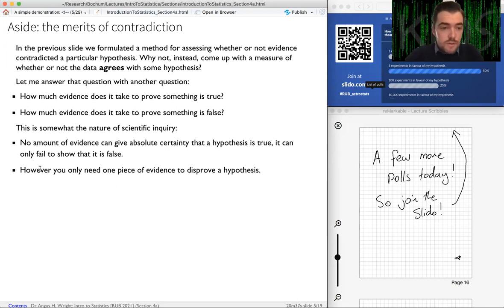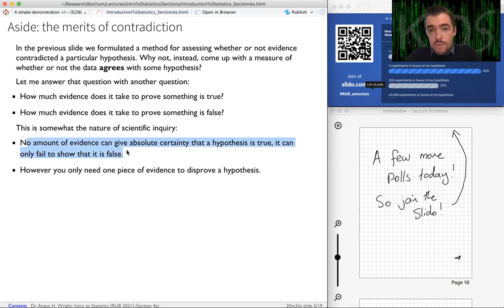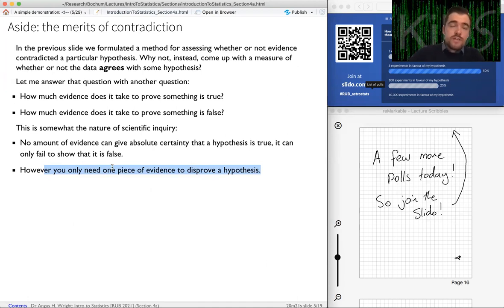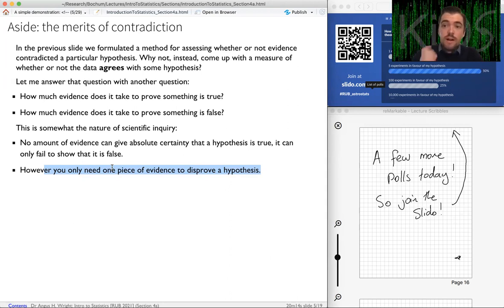Because if you need an infinite number of agreements in order to be confident, but only one disagreement, then it makes sense to focus on the disagreements. And so this is why we tend to focus on whether or not two observations and hypotheses are in conflict with one another, whether they contradict one another, rather than whether or not they agree with one another.